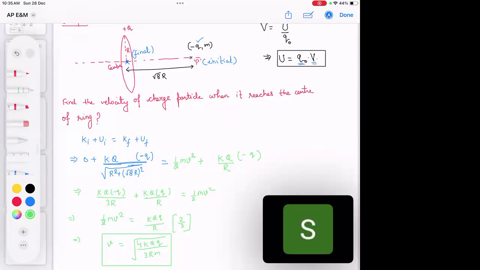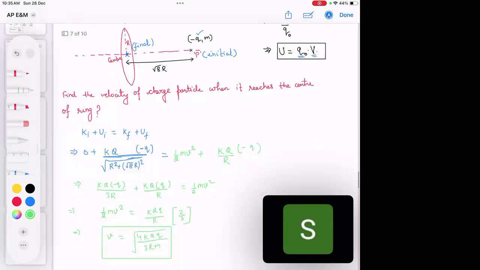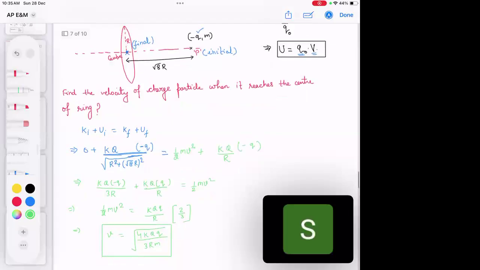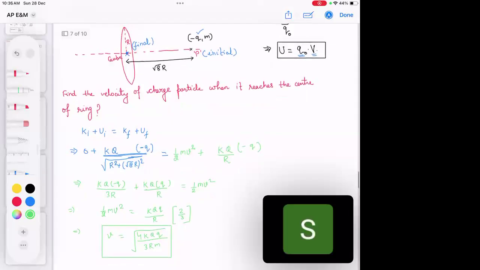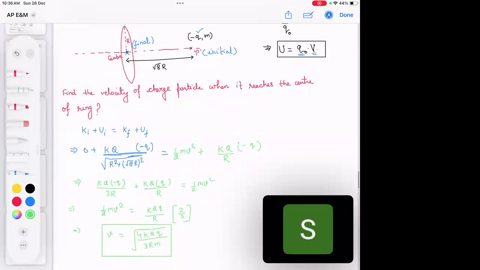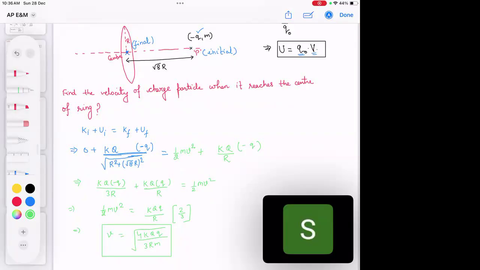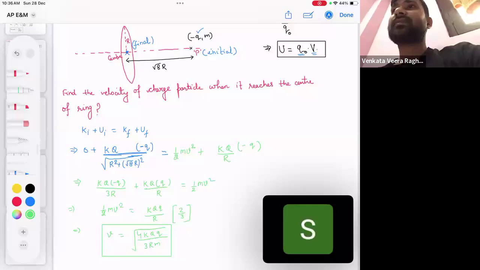So how to solve this question with the work energy theorem? Work is equal to force into displacement. Force can be written as QE into X, charge into electric field. But the electric field will be variable here.